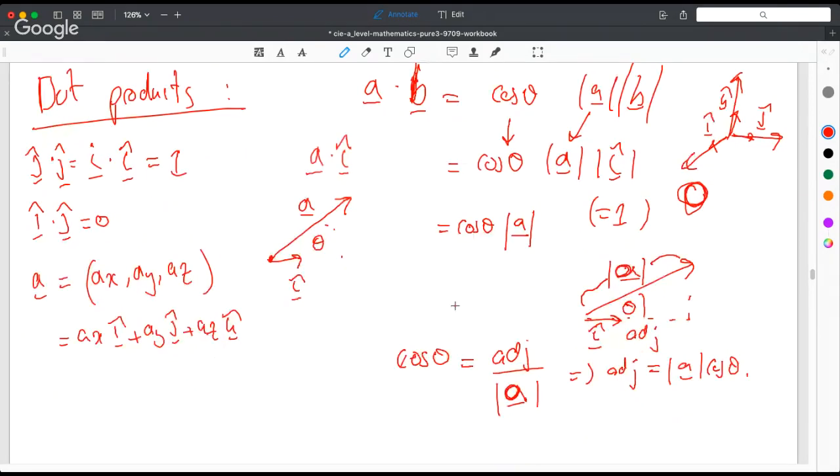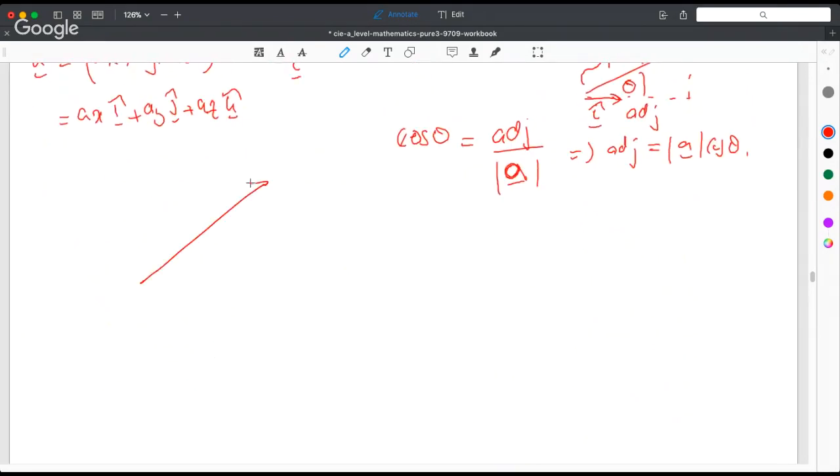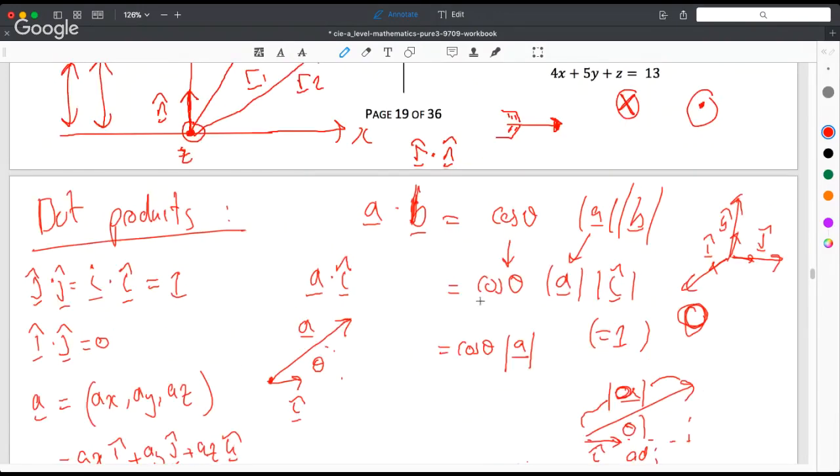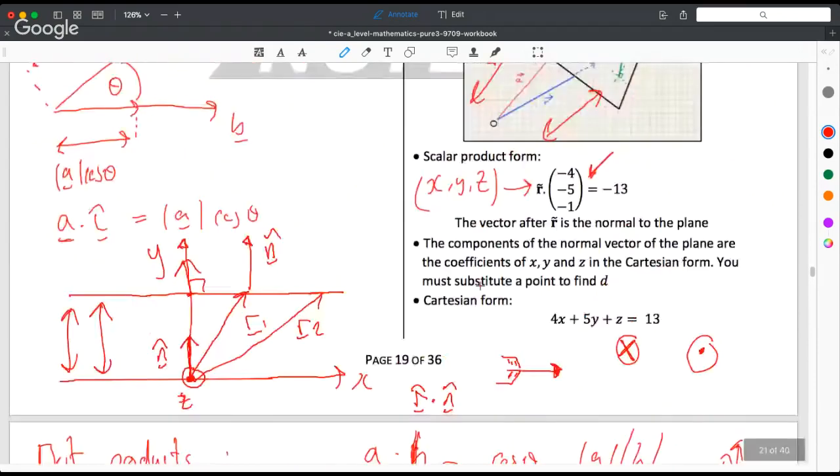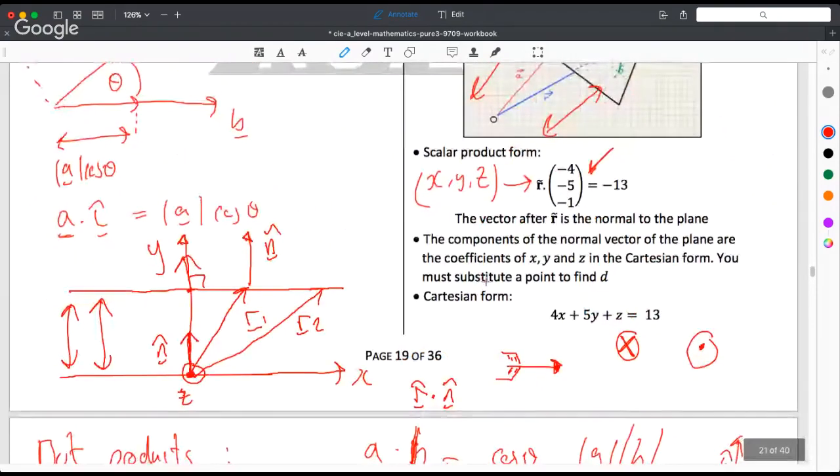If you imagine a vector, and this is your I direction, and you put the sun above it, it would make a shadow like this, and the length of that shadow would be A cos theta, from using this trigonometric rule. So when we do dot products, that's like taking projections. Does that make more sense? Yeah. Okay.